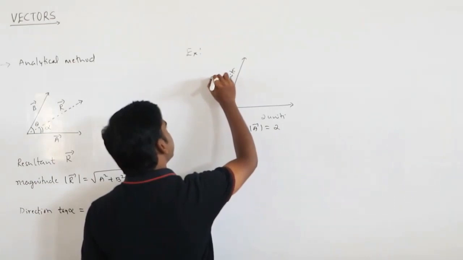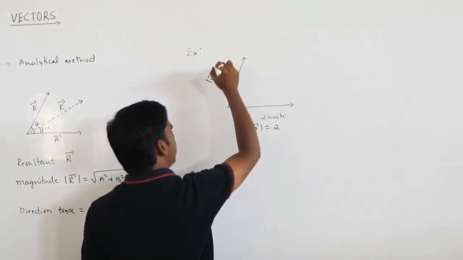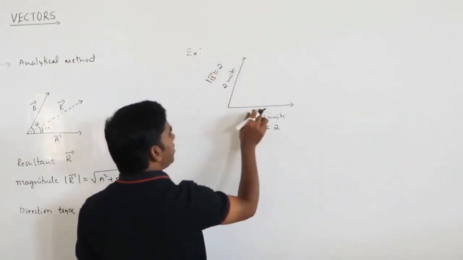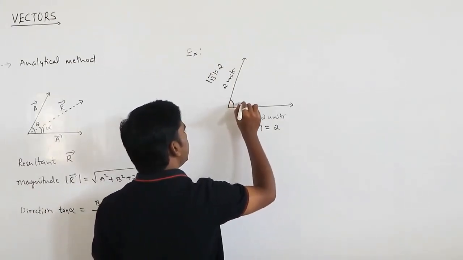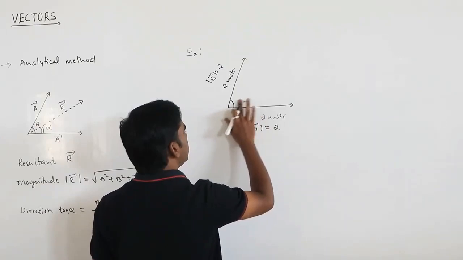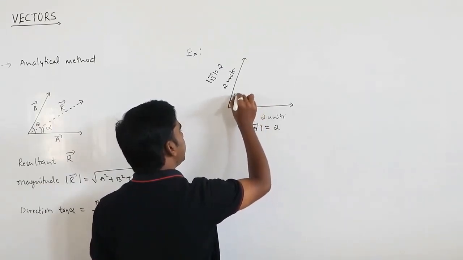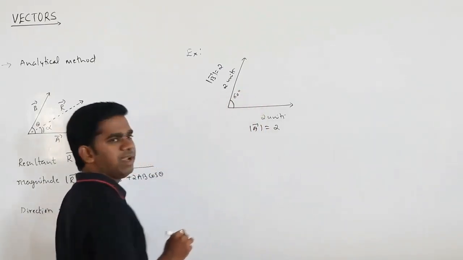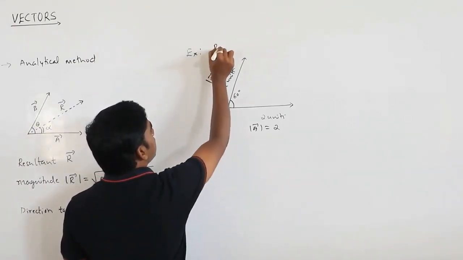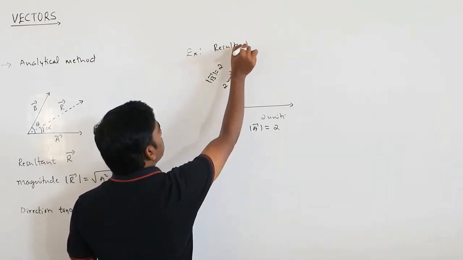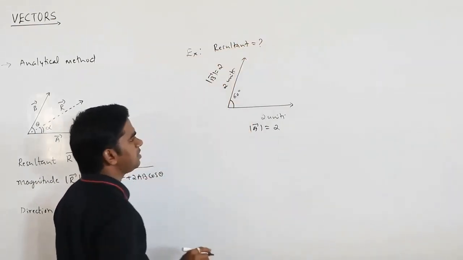If this is vector B, its magnitude is also 2. I am taking both vectors as 2, 2. The angle between them is given as, say, 60 degrees. They are asking us to find the resultant.